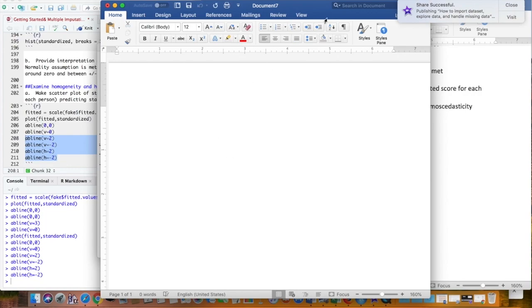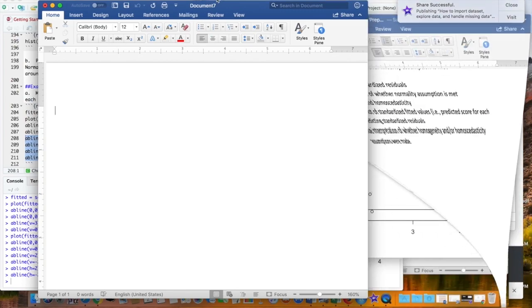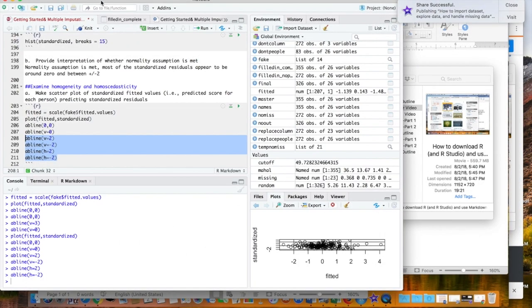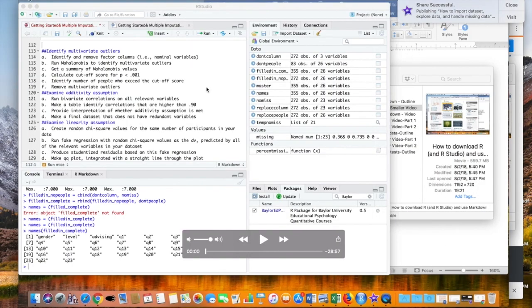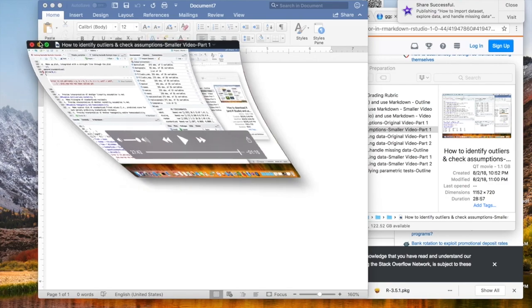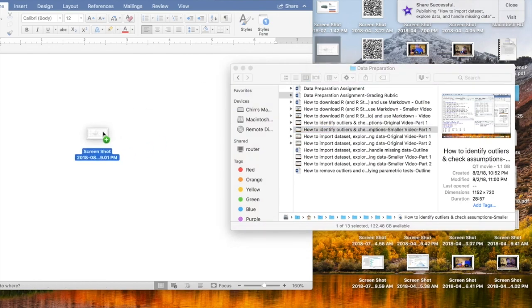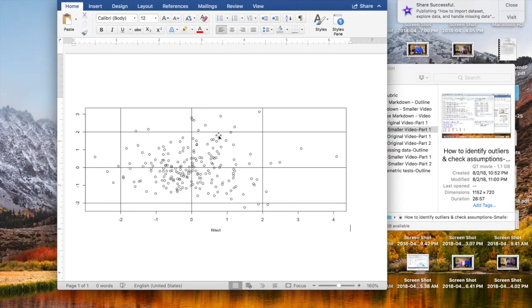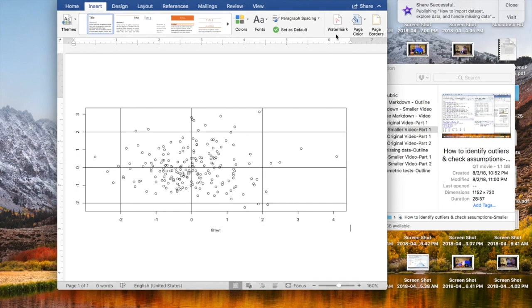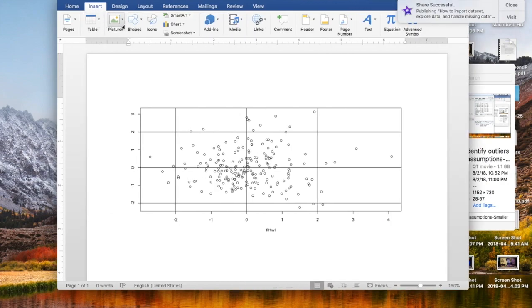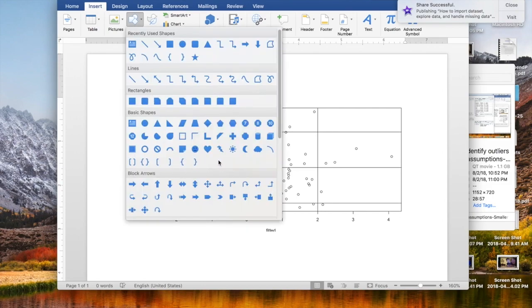Then try to draw a line over most of the dots. Let's insert shapes.